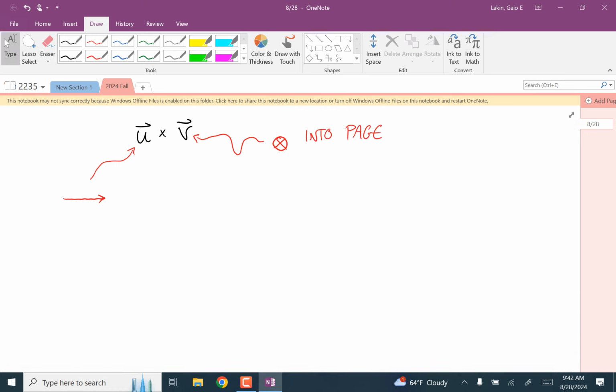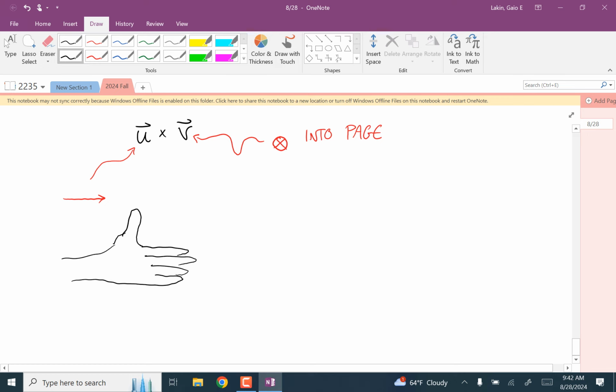So here's how the right-hand rule would work. First, have your fingers pointing in the direction of the first vector. Position your hand in such a way that when you curl your fingers, they can point to the second vector.